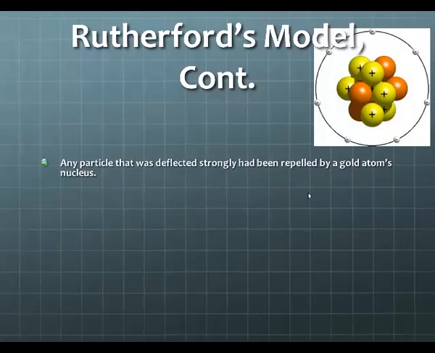Any particle that was deflected strongly had been repelled by an atom's nucleus. So he thought that central area where there was a positive charge, when a positive charged particle was shot towards the atom, it would come close to that positive charged nucleus, and it would get deflected back pretty much the direction that it came at very large angles.